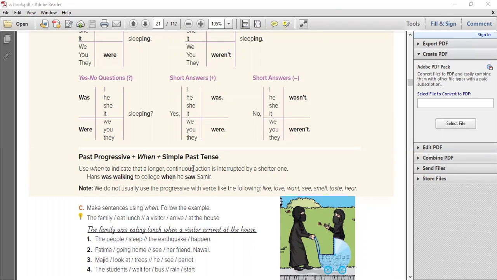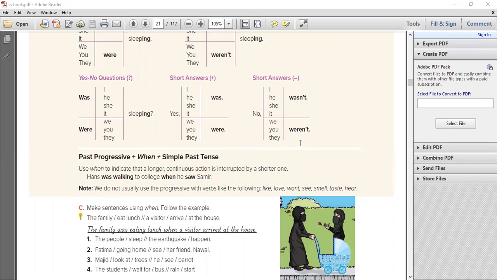Okay? Now this action could be a little bit tricky, but sometimes you have many keywords to tell you that this action should be in the past simple, because some of the students will ask how to know that this action is in the past progressive and the other one is in the past simple.